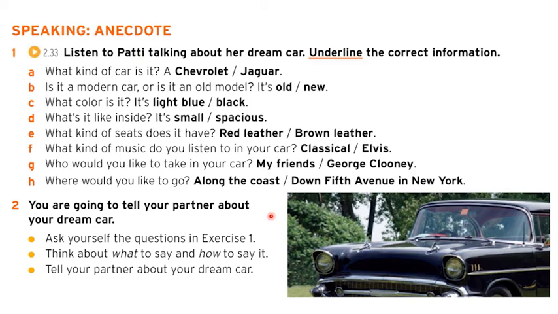No, brown leather. Brown is more sophisticated. Oh, and there's a beautiful old radio with Elvis playing really loud. I love Elvis. I'd like to take all my friends out in my car. I can imagine wearing glamorous evening clothes and going to a fancy restaurant in New York. As we drive down Fifth Avenue, everybody turns to look at our fabulous car.